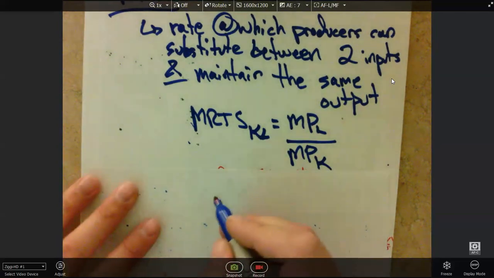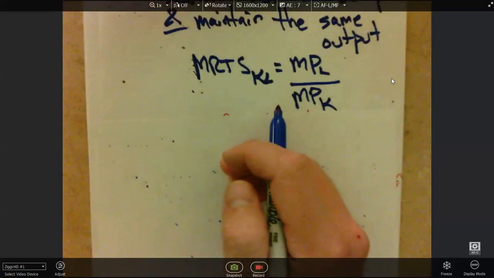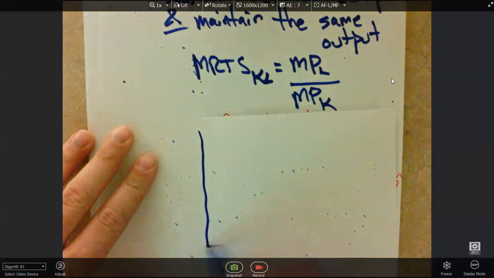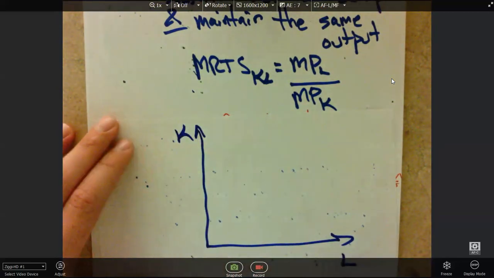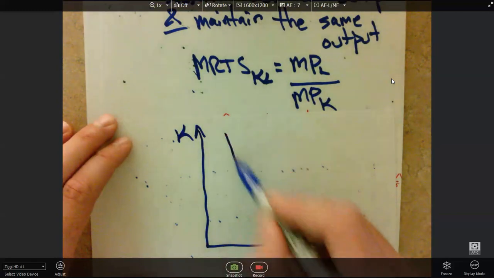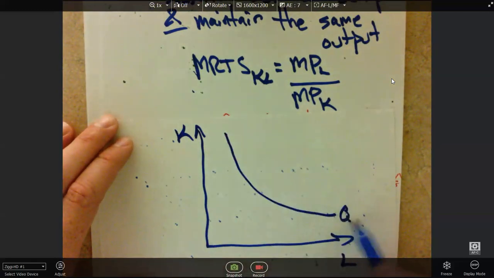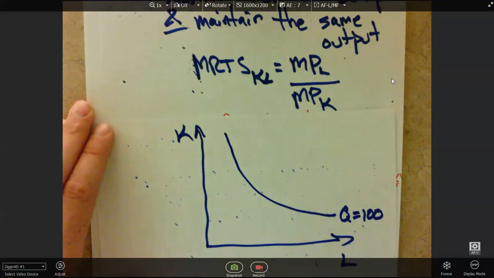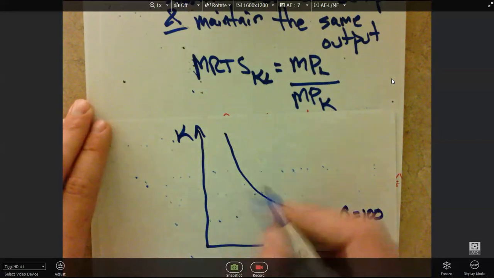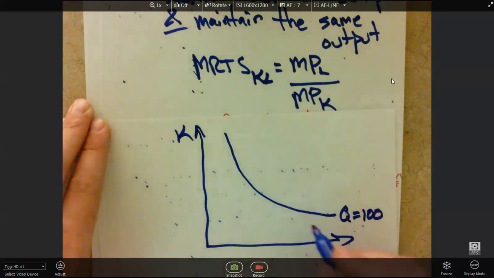So we're going to have a very similar capital input and labor input. And we're just going to deal with one isoquant, right? Because it's going to be kind of confusing to do more than one. And we're specifically going to be looking at going from point A to point B, and then point C to point D.